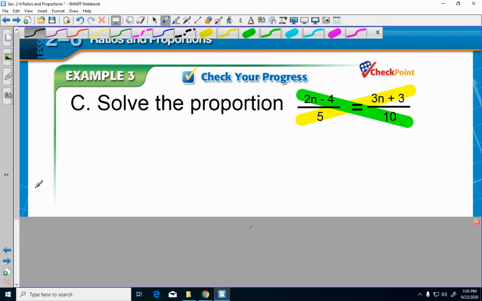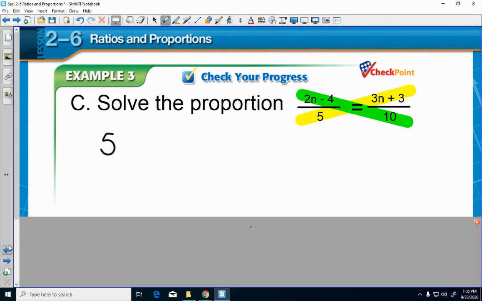In the yellow scenario, it is 5 times 3n plus 3, not 5 times 3n. How do I write that I'm doing 5 times both the 3n and the 3? I got to use something. Sophia, you know what it is?